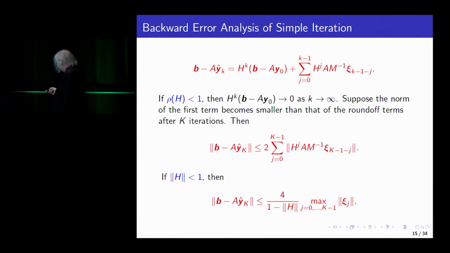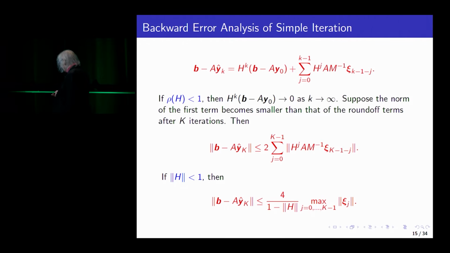And if the spectral radius of H is less than 1, then this first term, which is the error with exact arithmetic, would go to 0 as k goes to infinity. Let's assume that the norm of the first term becomes smaller than that of the round-off terms after k iterations. That's where our residual is going to end up, bounded in this way.